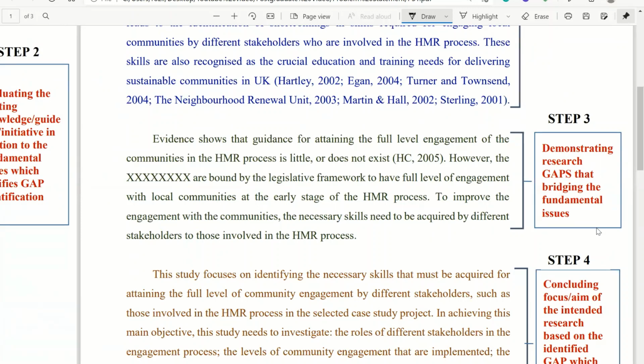So the third step that I would like to search for in this problem statement is about the gaps that bridge the fundamental issue. What is the fundamental issue?